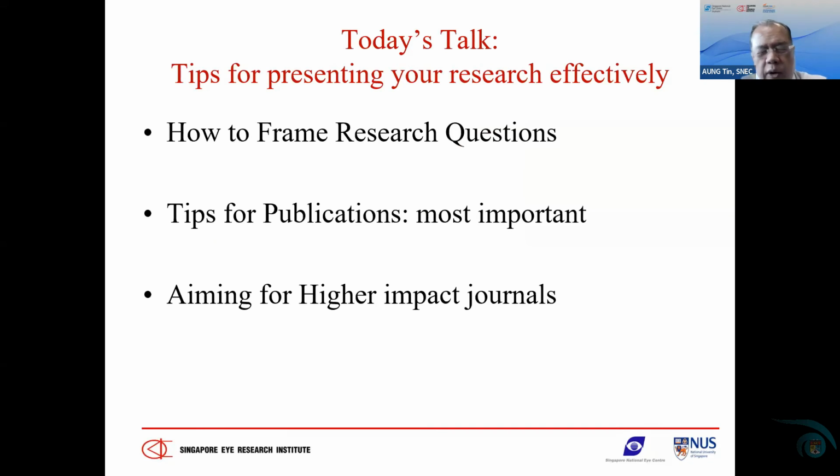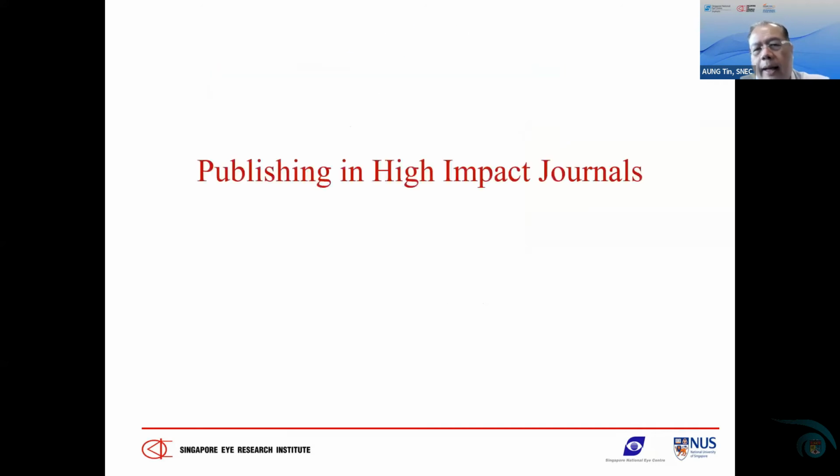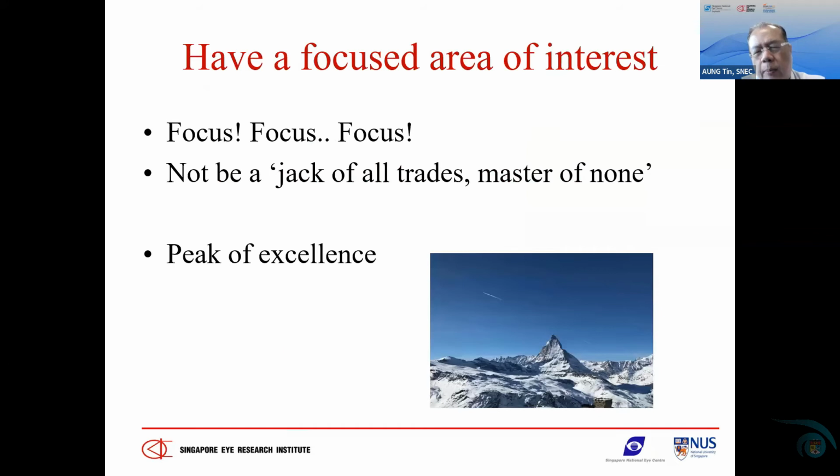So now let me go to the last part of my talk, which is how to aim for higher impact journals. Publishing in high impact journals. One of the topics I would recommend, especially for senior staff, is to focus on a particular area of interest. So let's say you're a retina specialist. You should only be publishing papers related to your area of interest. This is what I mean by being a peak of excellence.